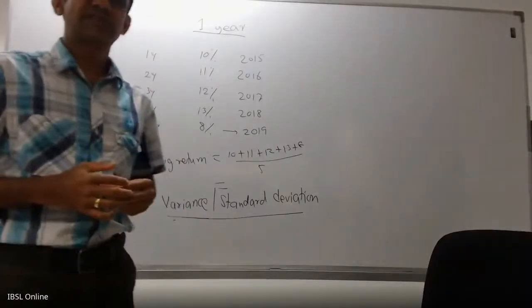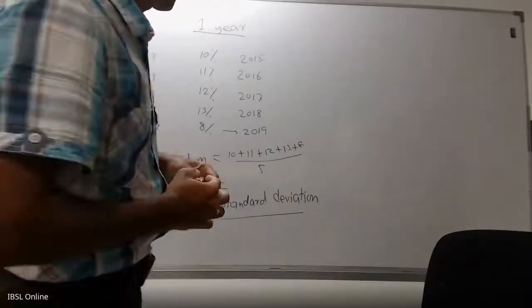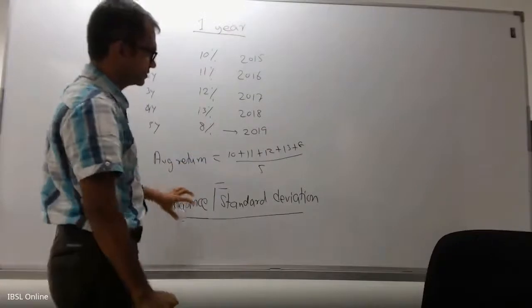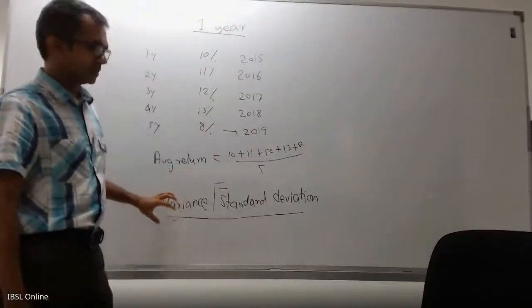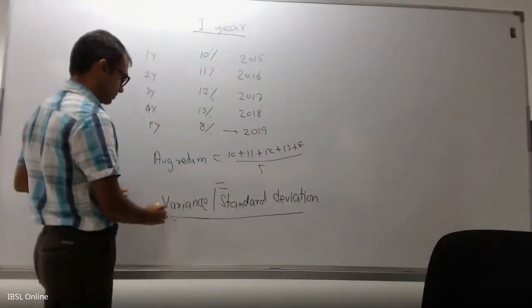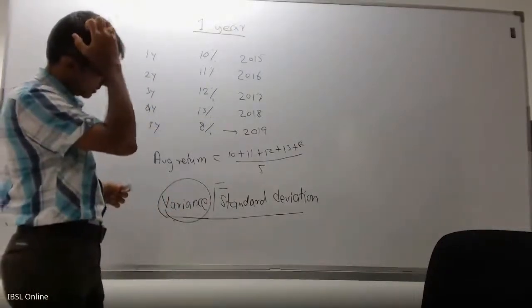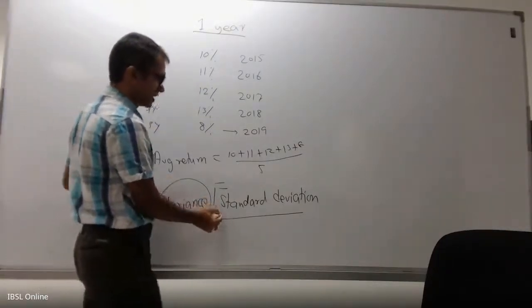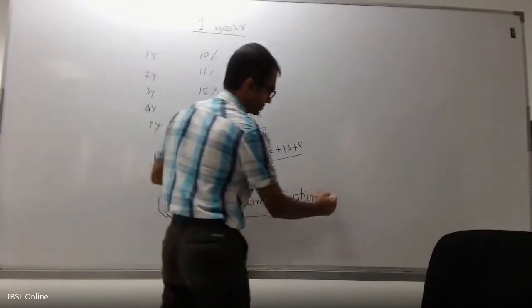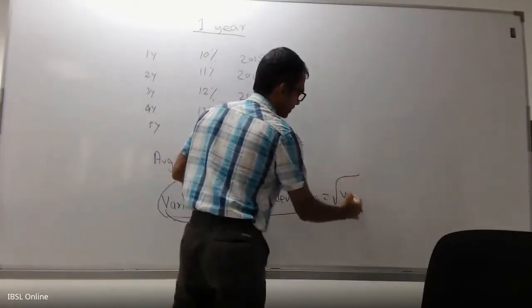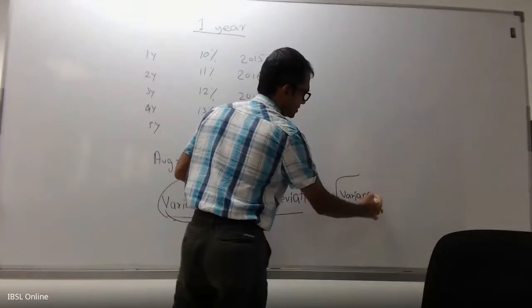Have you heard about variance and standard deviation? Variance measures, oh sorry, not easy to explain. Standard deviation is the square root of variance.